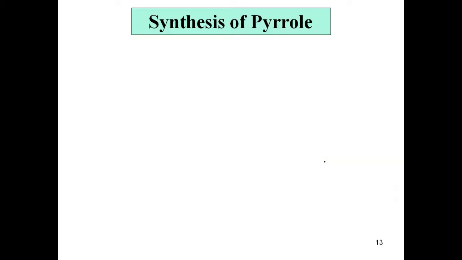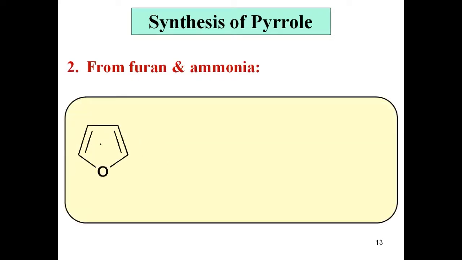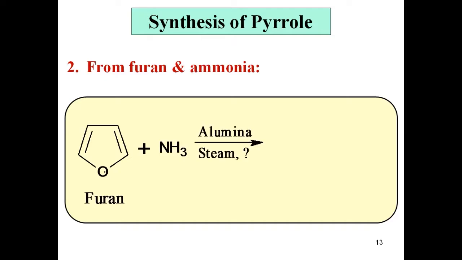Now let us see the second method, from furan and ammonia. Actually, furan is an example of a heterocyclic compound. It is an oxygen heterocycle having an oxygen atom. Now when that furan is treated with ammonia, the reaction is carried out in the presence of alumina, Al2O3, and steam at high temperature.